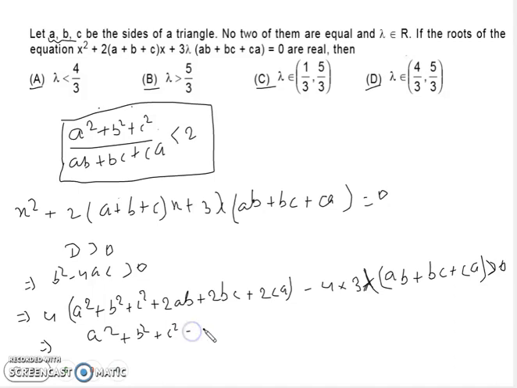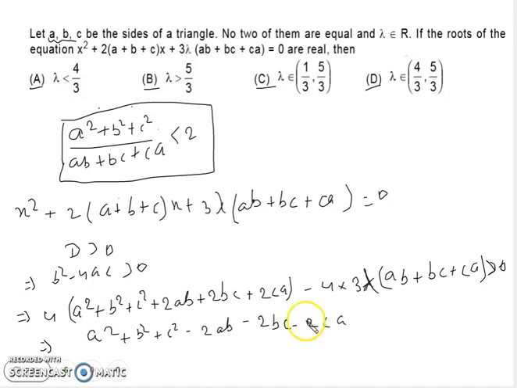So that's why we can write here minus 2ab, minus 2bc, and minus 2ca, right? Okay, are you getting my points?